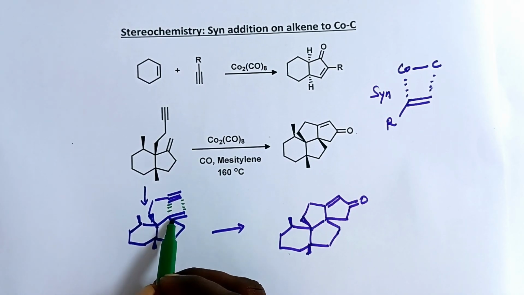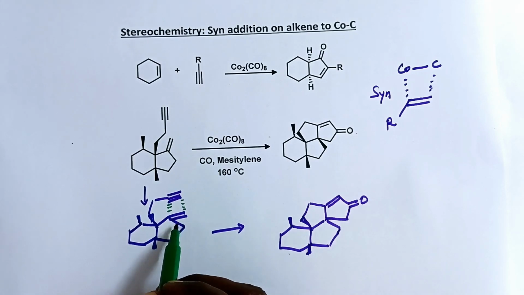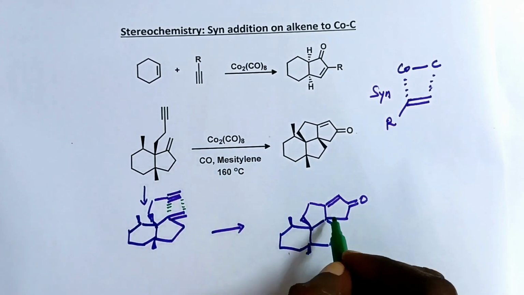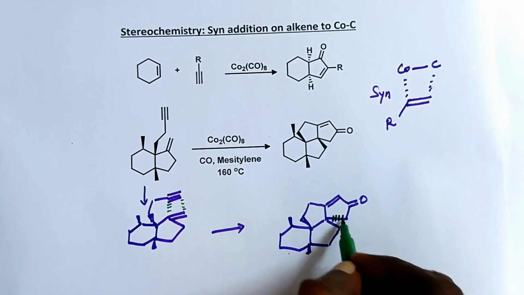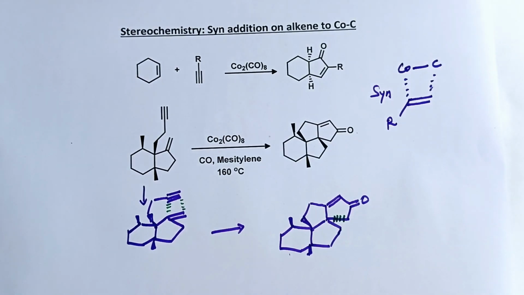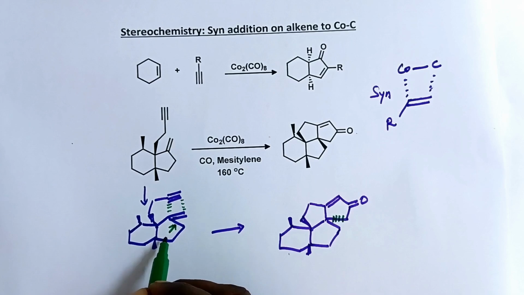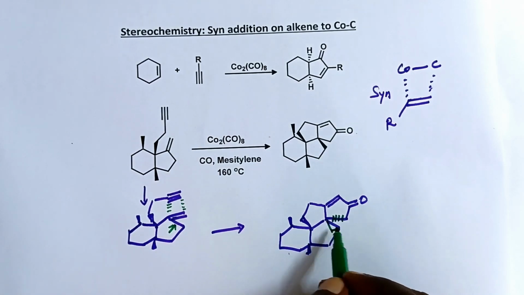So after syn addition, this alkene should go below, that means alpha. So this C-C bond from alkene goes below the ring, alpha. If this bond goes below, how about this bond? This must come above, beta.